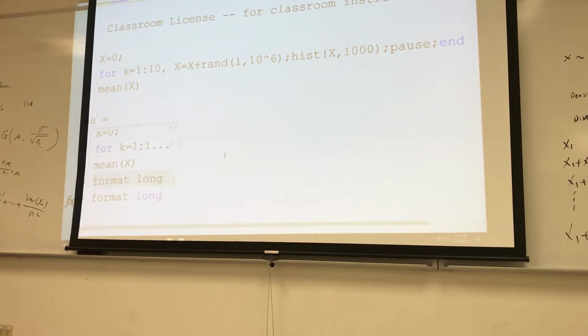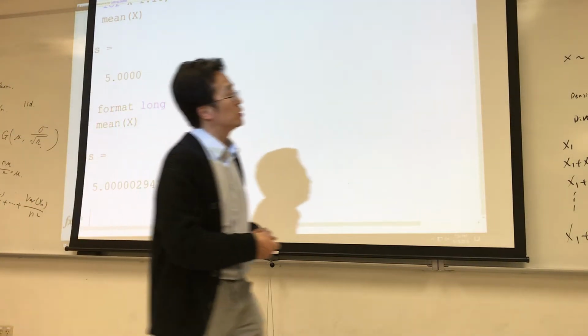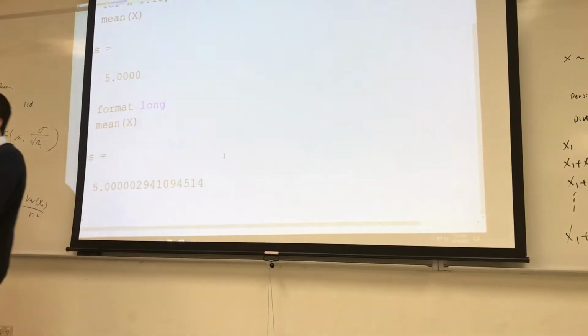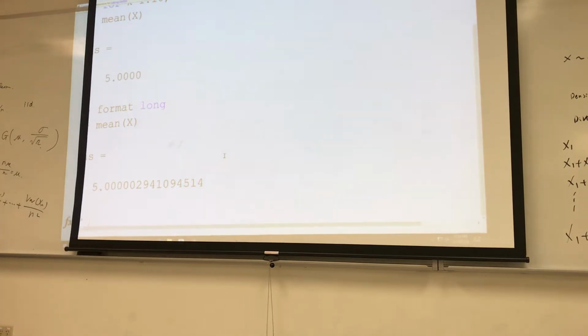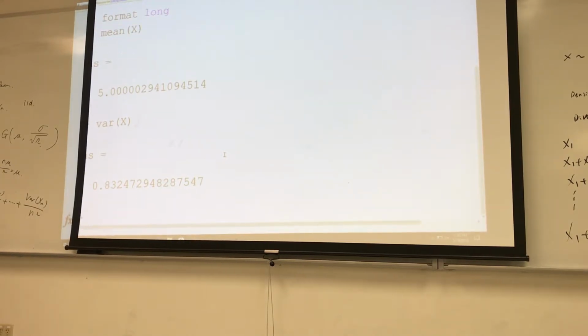And again, it's very close. How about variance? The variance should be 10 over 12. Remember, I made a mistake last time, so hopefully I didn't this time. So the variance is this number, and this number should be close to 10 over 12. See here, it's close.